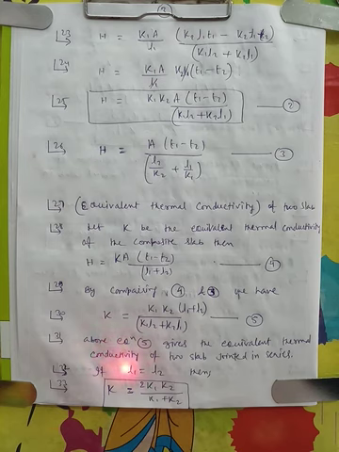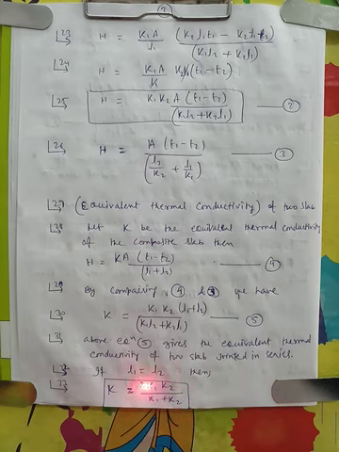Now for a special case, suppose L1 is equal to L2. Then by putting L1 equal to L2 in equation 5, we get K is equal to 2 K1 K2 divided by (K1 plus K2).